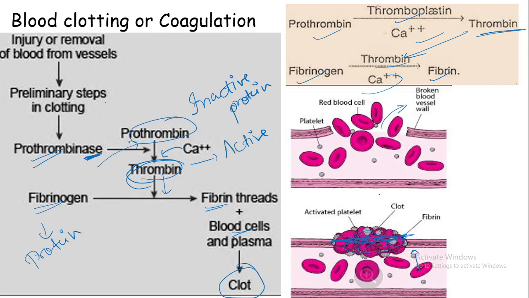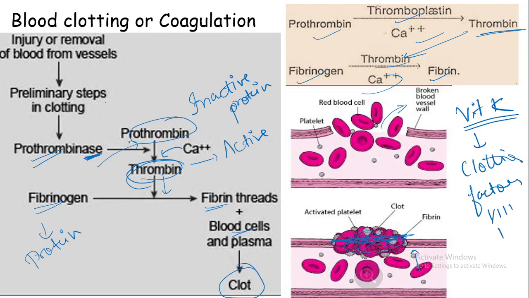Now, to instigate or activate prothrombokinase, there are various other factors called clotting factors, which are again different types of proteins. Activation of these clotting factors happens by vitamin K. Vitamin K helps in the activation of clotting factors 8 and 9.